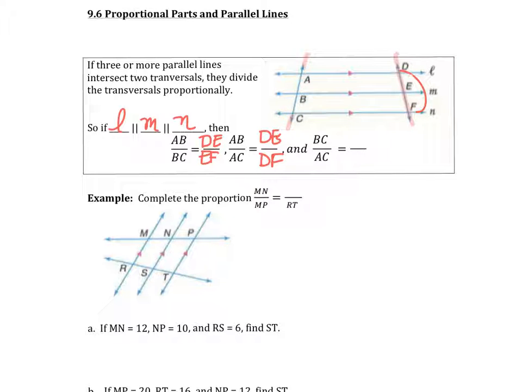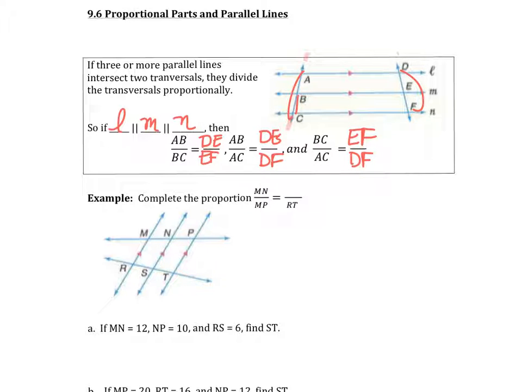And then that last one, erase that so I can draw it in there for you. BC, so the short part over the long part, AC, is equal to EF over DF. Again, those proportions, the ratios, are going to be equal to each other.